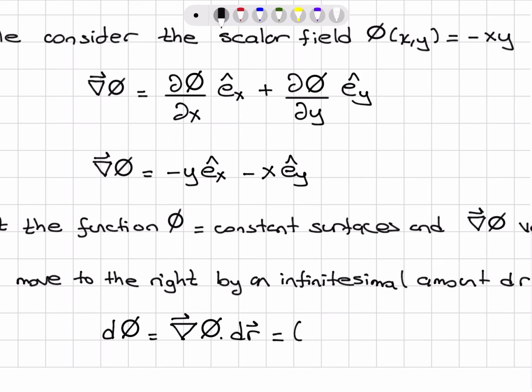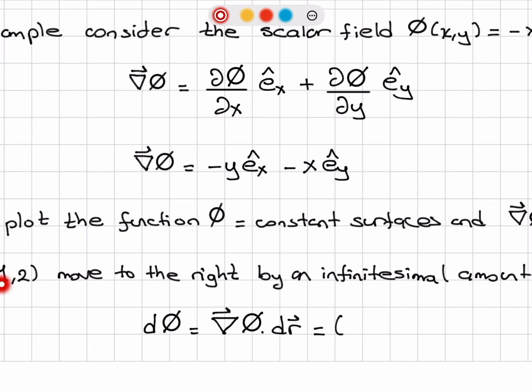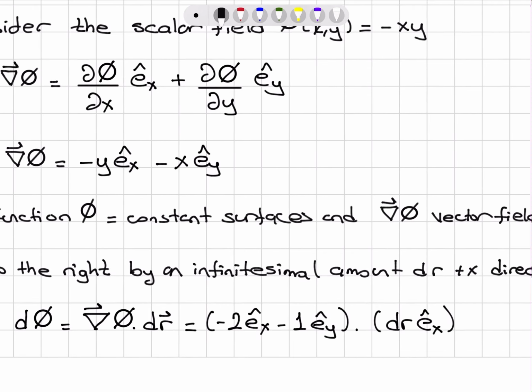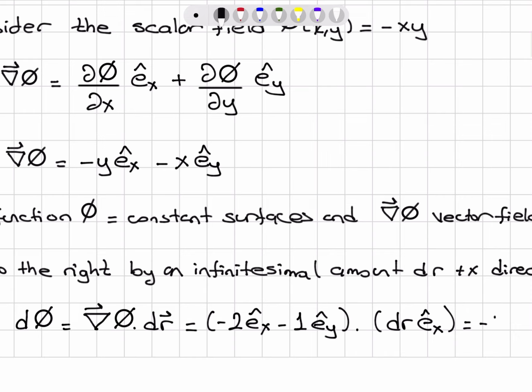Now x is equal to 1, y is equal to 2, so we have minus 2 ex hat, minus 1 ey hat, and we're taking the dot product with a small displacement in ex hat direction. So this gives us, as you can see, minus 2 dr.